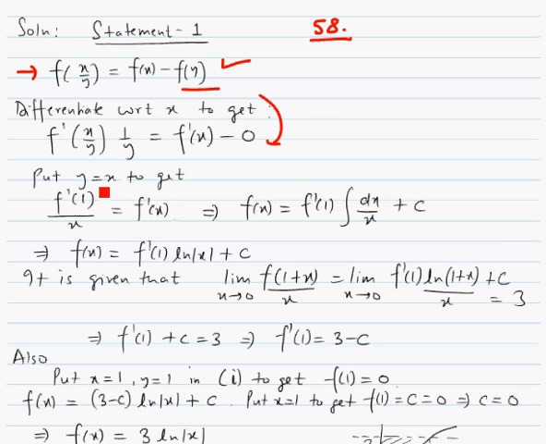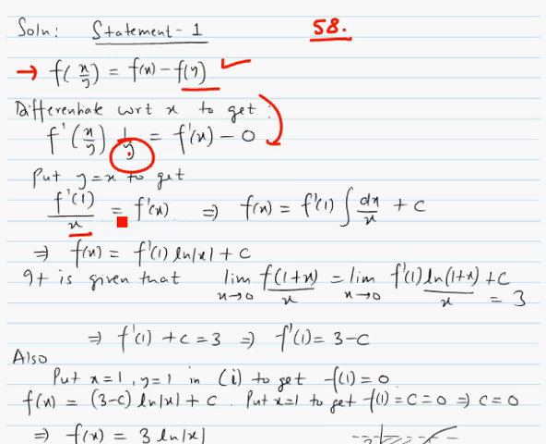So what we do here is we replace y equal to x. You can see this becomes f dash 1, and we replace this y by x. So it's a differential equation.